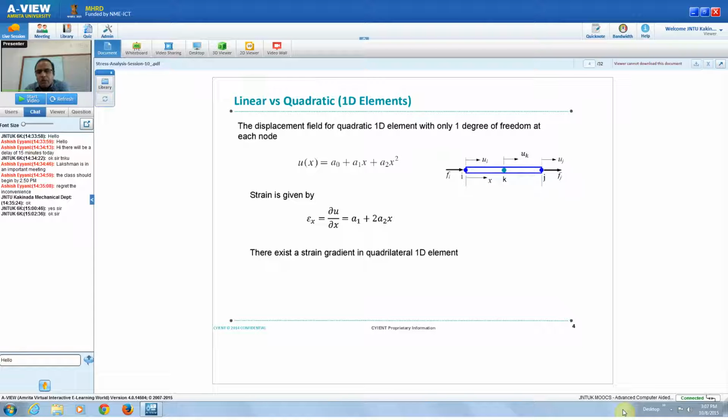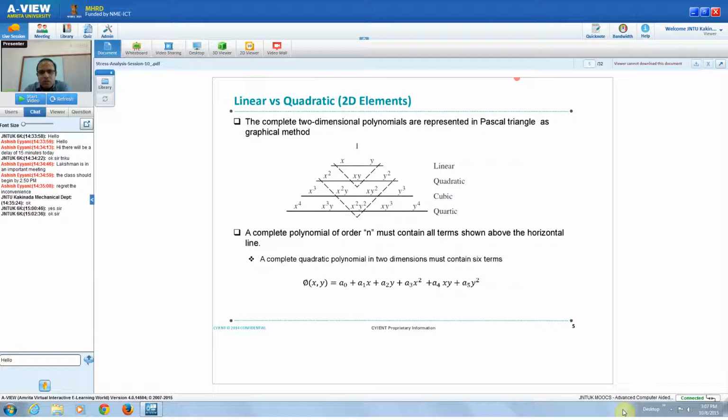So that is the difference between a 1D element with linear and quadratic formulation. In linear formulation we get constant strain. In quadratic formulation the strain varies linearly.